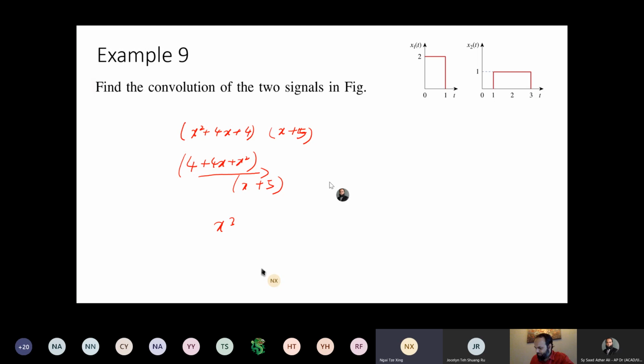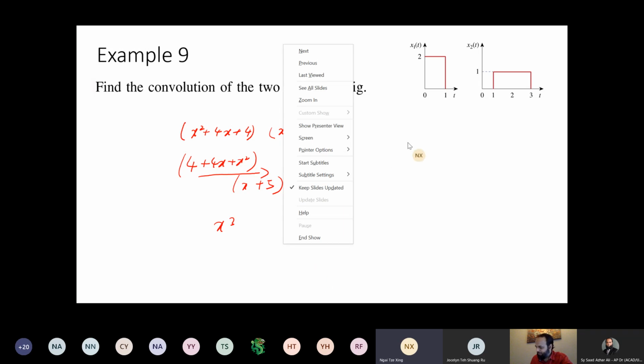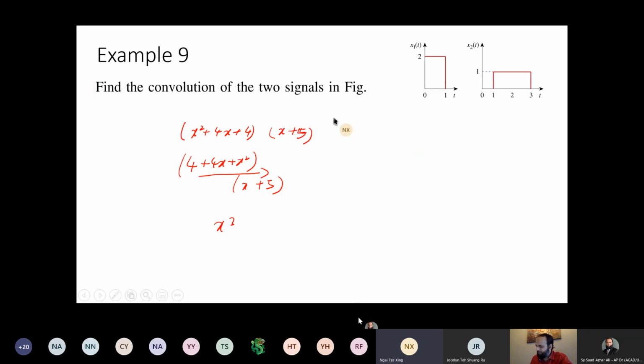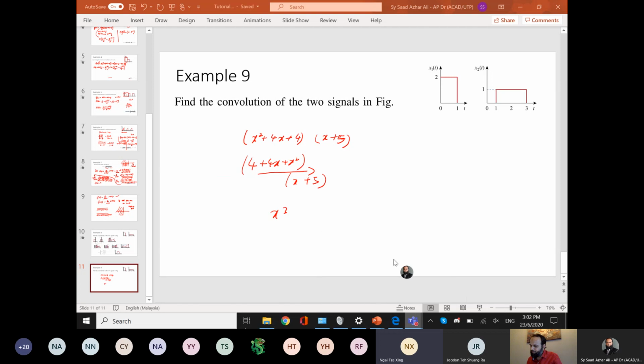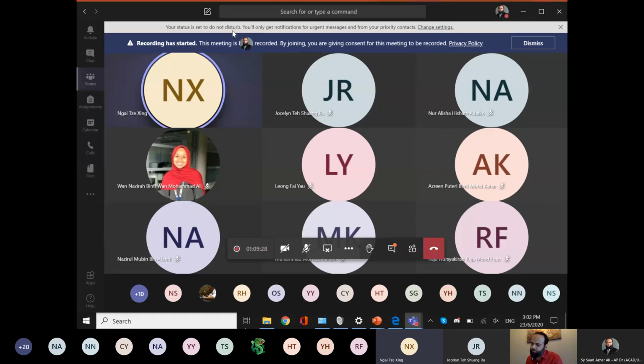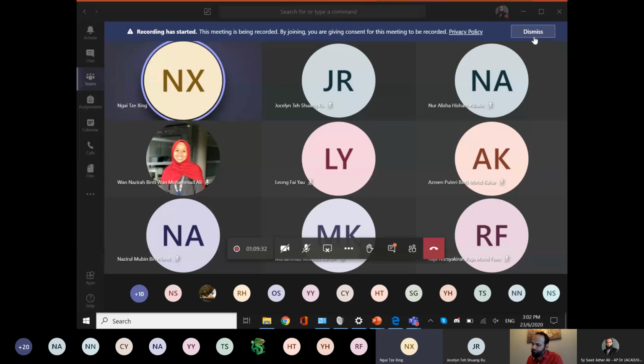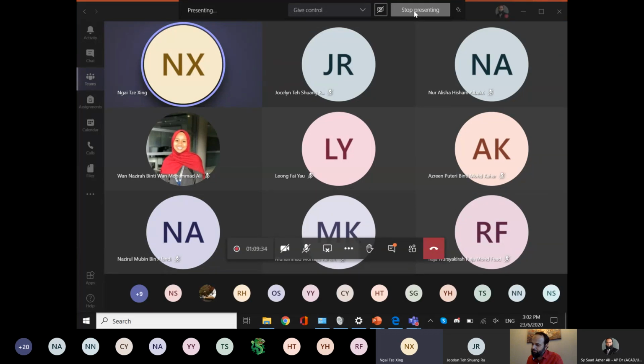Maybe you can press escape. How to end the control? Stop control maybe. I don't know. Okay.